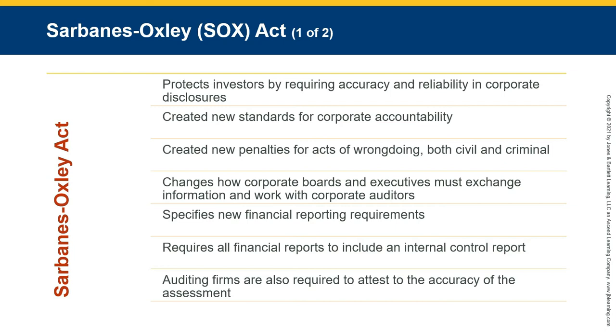It changes how corporate boards and executives must exchange information and work with corporate auditors. It specifies new financial reporting requirements, requires all financial reports to include internal control reports, and requires auditing firms to attest to the accuracy of the assessment.